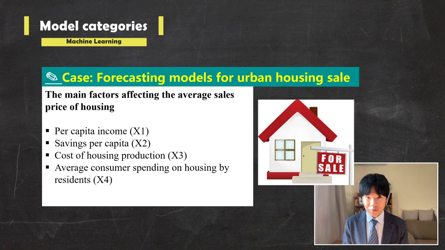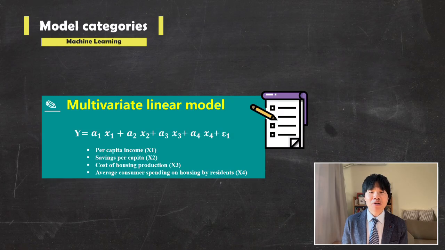When building the model, by selecting features from a large amount of housing sales data, we can identify the main factors affecting the average housing prices, such as the per capita income x1, the per capita savings x2, housing production costs x3, and the average customer spending on housing x4. Establish a linear relationship among them, resulting in a multiple linear regression model.